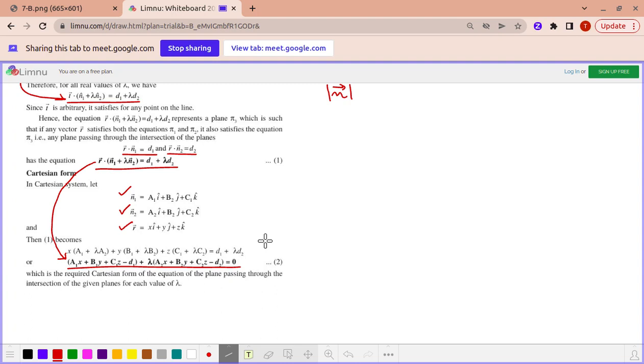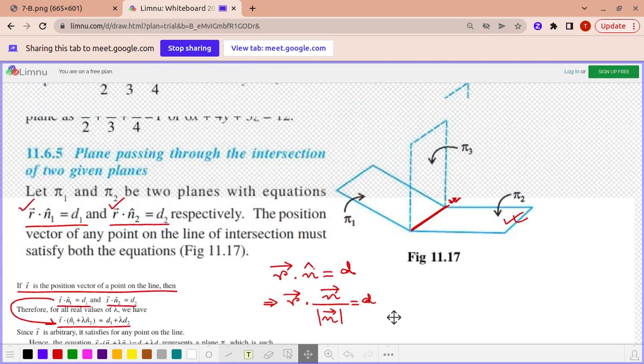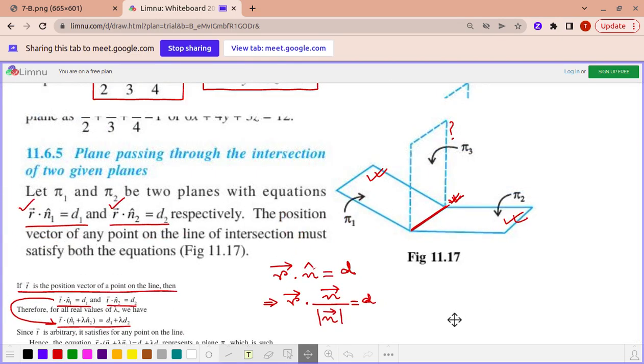Now lambda is what? Lambda is a real number. You vary the different values of lambda, you get different equations of the plane, as if the different pages of that book according to this diagram.